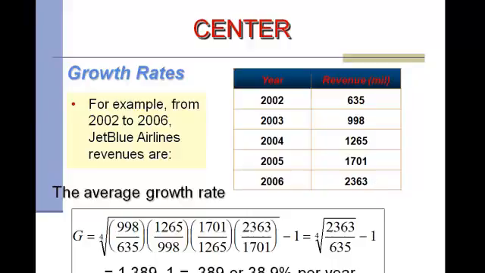So again, we assume that it grows at a constant rate based on the actual growth rates. What we're trying to do is find an objective way to take all those different growth rates, which can vary significantly from year to year, and show what they would grow at if they had grown at a constant rate each year.